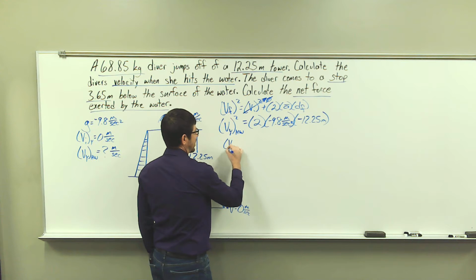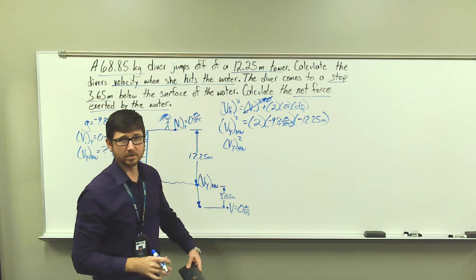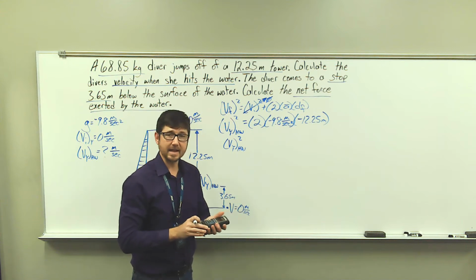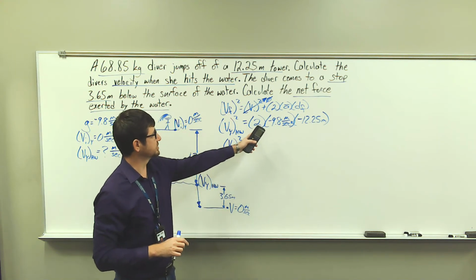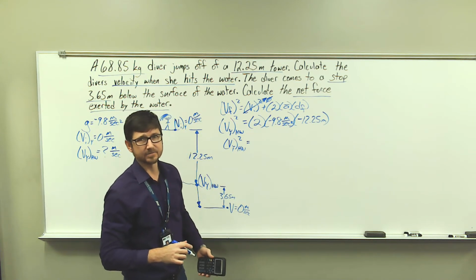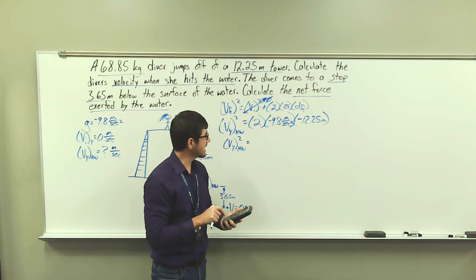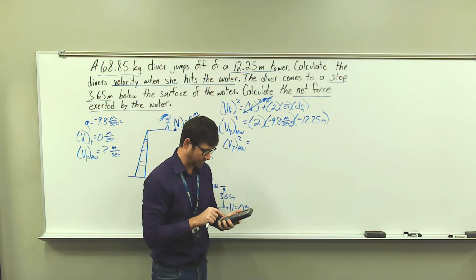So velocity in the y direction when she hits the water squared. Let's go ahead and get out your calculator. So we've got 2 times negative 9.8, which is negative 19.6, times negative 12.25.